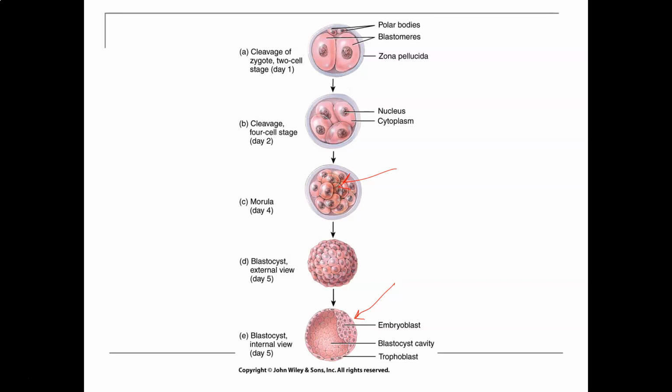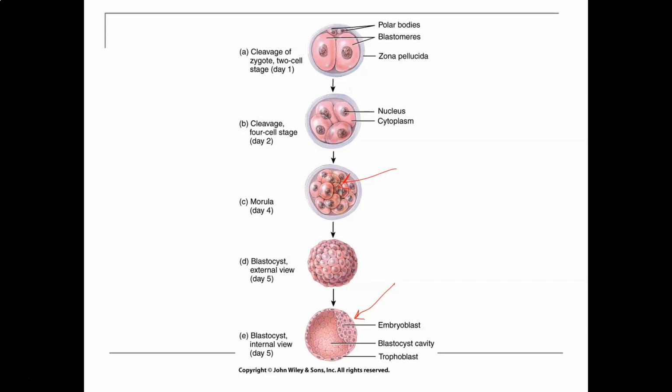It kind of looks like the graafian follicle, but so there's a big cavity in there. And then I wanted to point out that all the cells that you see in the blastocyst, each and every one is genetically identical. They're all derived by mitosis from the original zygote. So they all have the same DNA.